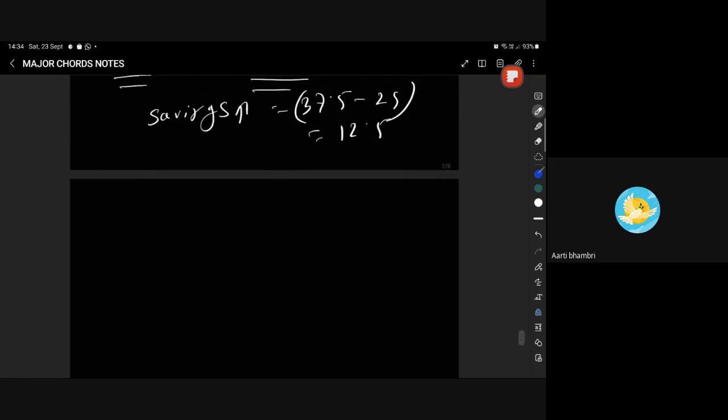Now you have to find out the percentage. So here he is saving 12.5 rupees more out of 25. Previously 25 was there, already he was saving 25. Now he is saving 37.5. Only 12.5 rupees increased, out of how much? 25.